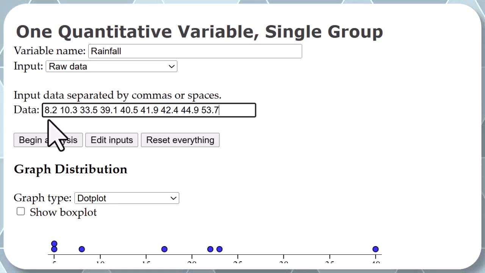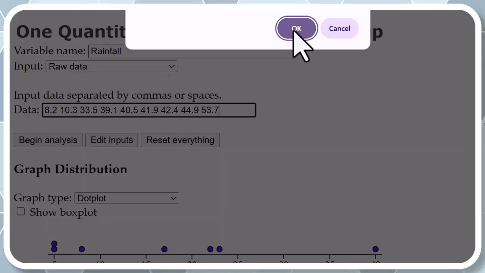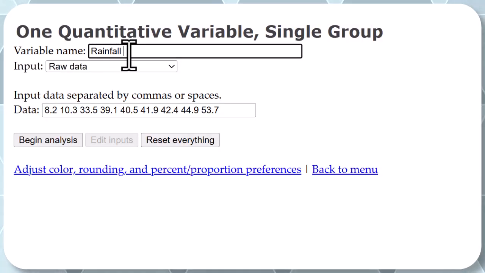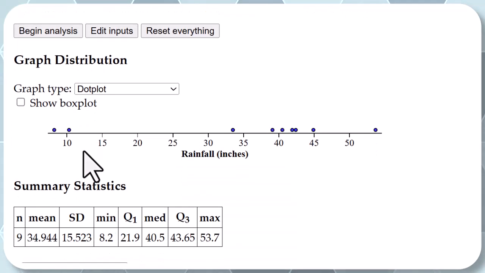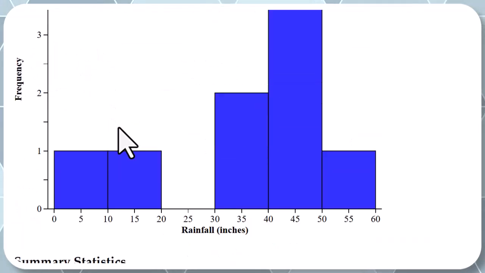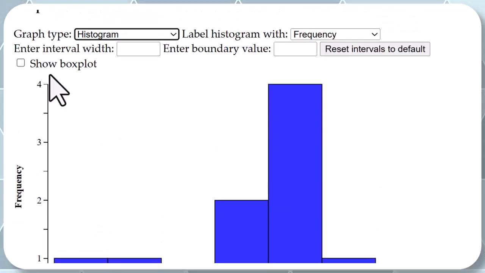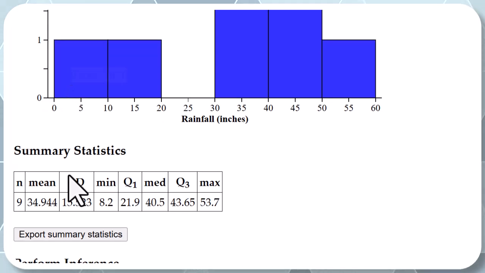I guess this is in inches. Yes, inches. Begin analysis. And there's your dot plot, which if I do a histogram looks a lot like the one in your exercise. And you can see there are the values right there.